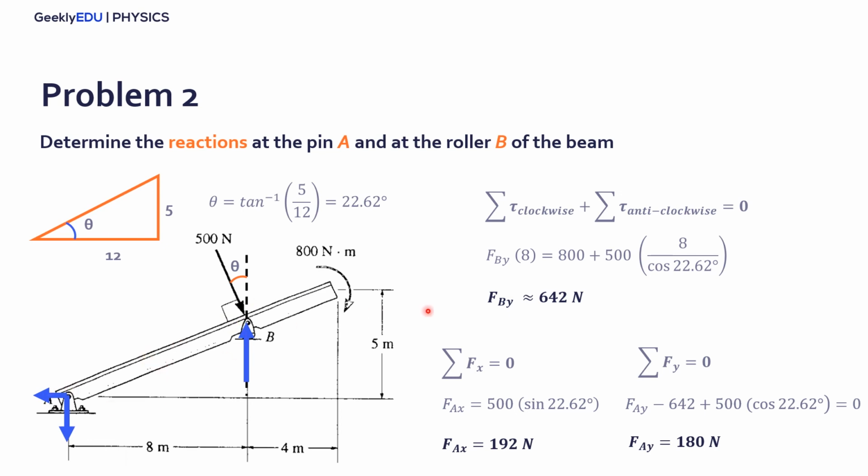If you get a negative result, it means only that the direction you assumed is wrong, so it's the opposite direction. I could assume that this force is pointing up, so this result would be negative, and the only thing I needed to do is to invert the vector here.